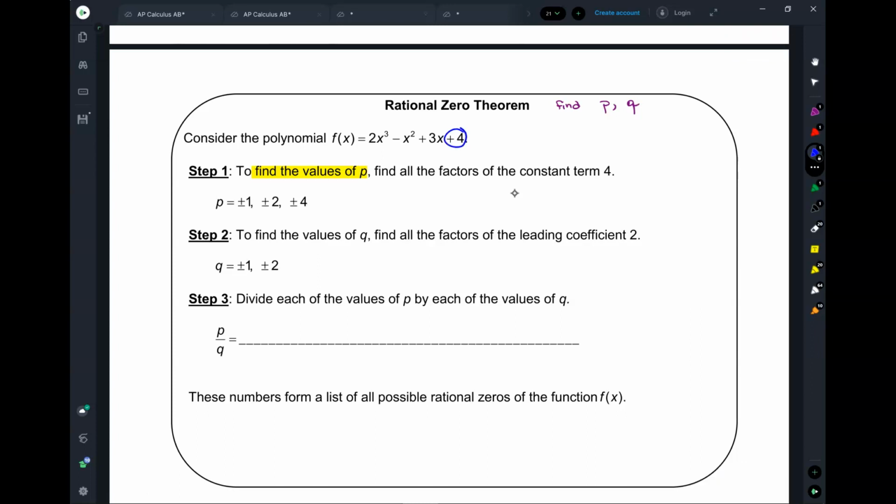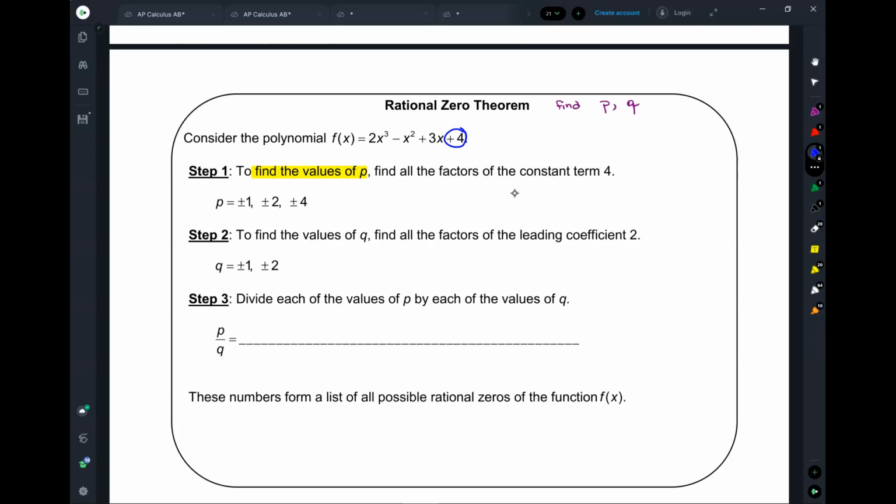What numbers multiply to 4? Well, 1 and 4, 2 and 2. But how about -2 times -2? Isn't that also 4? Yes. So the factors are not just 2, but also -2, not just 1, but also -1. That's why we write them as ±1, ±2, ±4. Those are all the factors of 4.